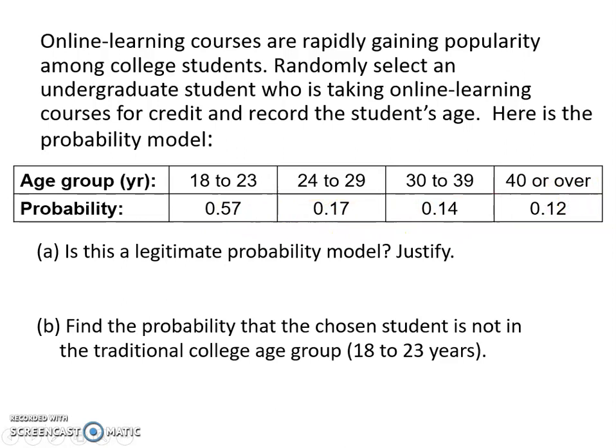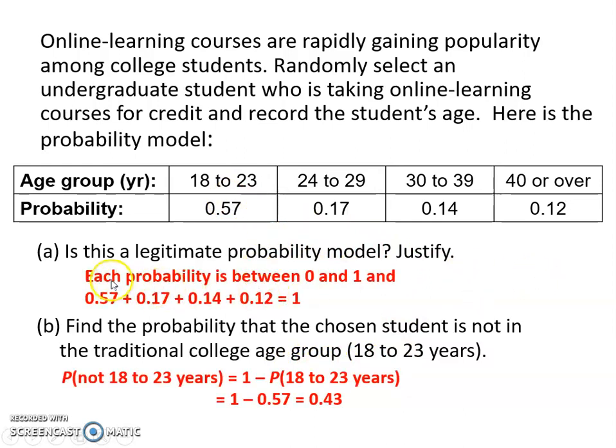So we want to know, is this a legitimate probability model? So remember, to be a probability model, you need to have all possible outcomes listed, and it should sum to 1, and all your probabilities should be between 0 and 1. And then we also want to find the probability that the chosen student is not in the traditional college age group, so outside of this 18 to 23 year range.